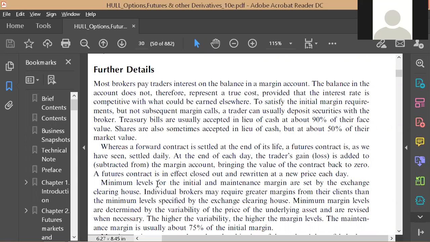Is there anything else that we need to discuss? Minimum margin levels are, okay. This is another thing you need to understand in case anybody goes to work, because now we have a lot of exchanges in India.